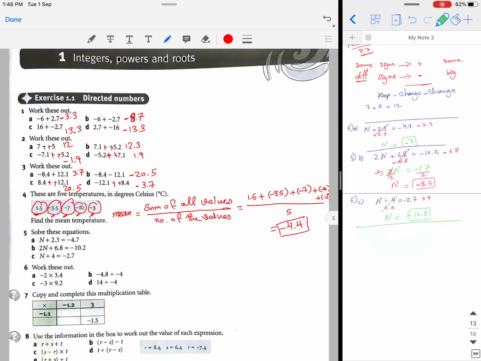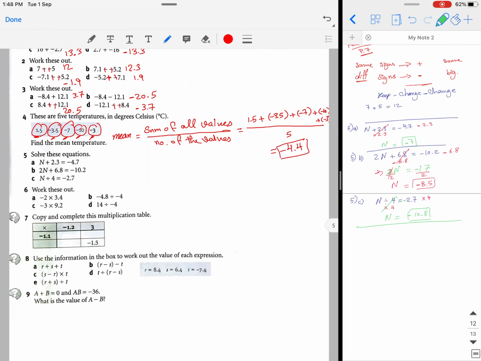Let's go for the rest. This one is simple. So question number 6, negative 2 multiplies 3.4. First, for the sign, we said for multiplication and division of course, if the two signs are the same, like positive and positive or negative and negative, then the result is positive. If they are different, like negative and positive or positive and negative, then the result is negative.